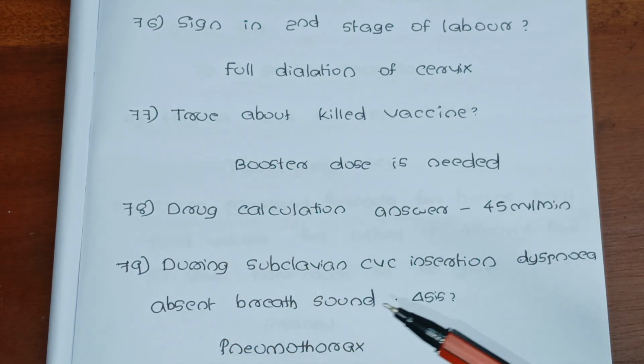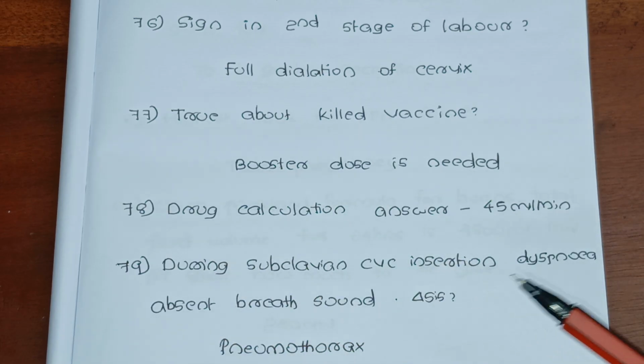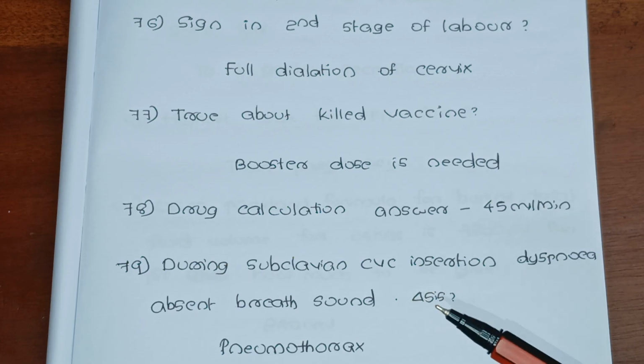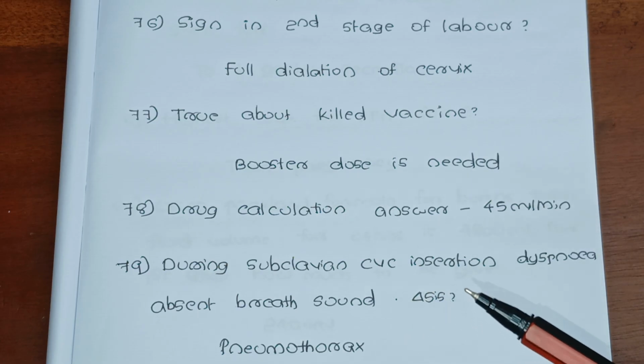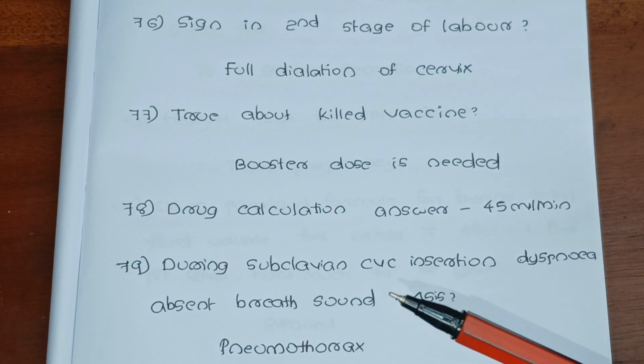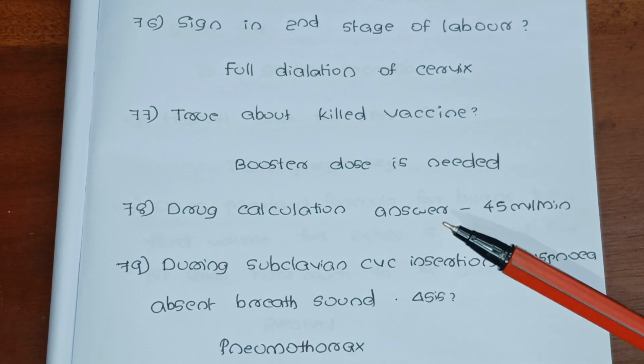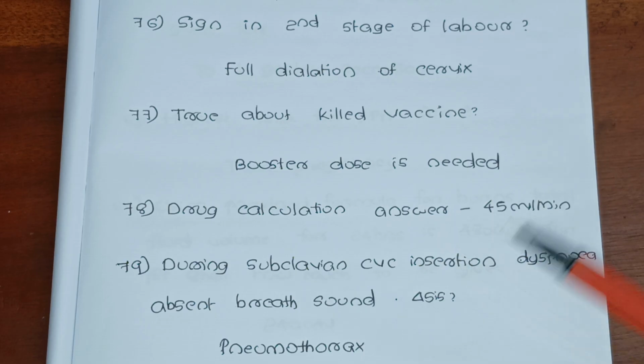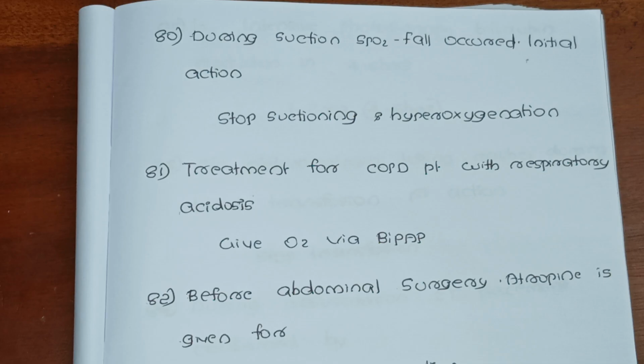79. During subclavian central venous catheter insertion, dyspnea and absent breath sounds occur immediately. The diagnosis is pneumothorax. With subclavian central vein insertion, the common complication is pneumothorax. In femoral vein catheterization, the common complication is infection. 80.